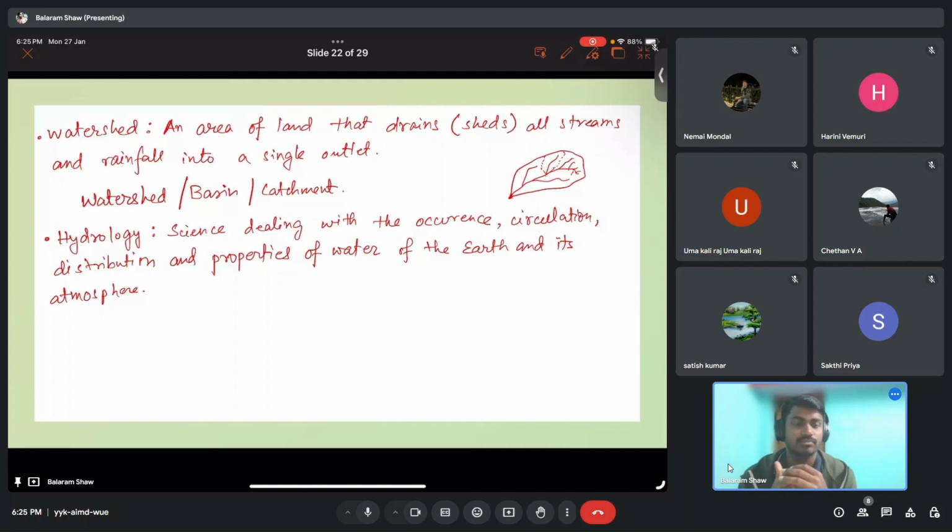Okay, so what will happen? Precipitation is happening, and the water that is coming will go in the form of evaporation and transpiration. Evaporation is whatever water is there getting evaporated back into the atmosphere because of the temperature, solar irradiance and so on.